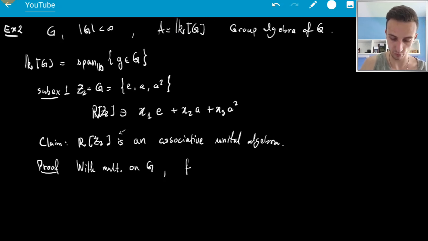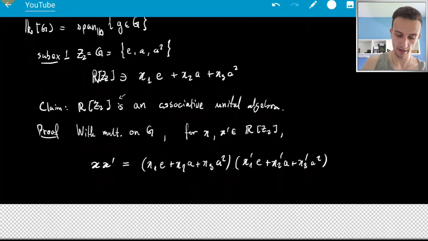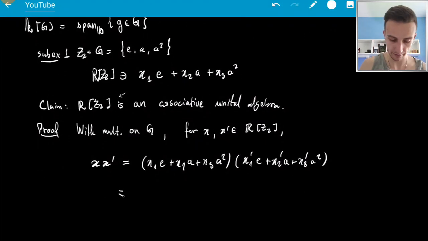With multiplication on G, we have, for let's say x and x prime in RZ2, like this would be the general element, this would be x, this would be x prime, and now the way that we multiply is we use regular multiplication on the field, in which case the xi's and xi primes are in R. And then we multiply the group elements, right?